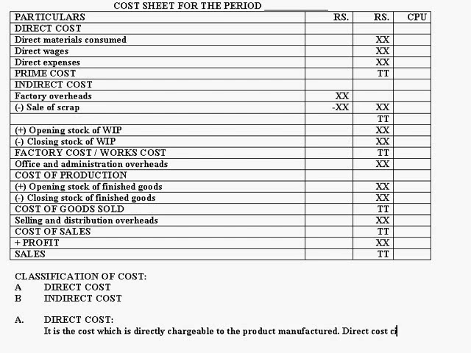Direct cost consists of direct materials, direct wages and other direct expenses.